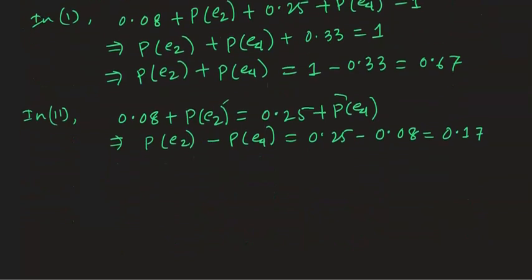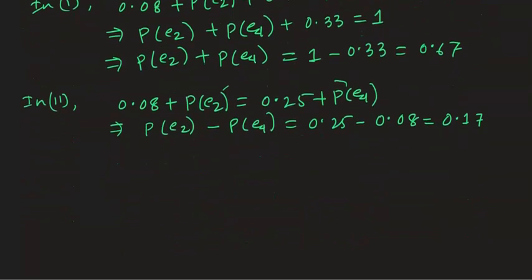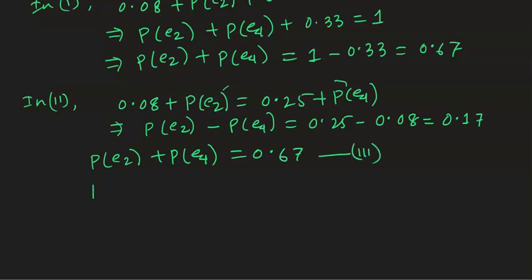Therefore we got two equations. Probability of E2 plus probability of E4 is equal to 0.67, so it is 3, and probability of E2 minus probability of E4 is 0.17. Let it be 4.